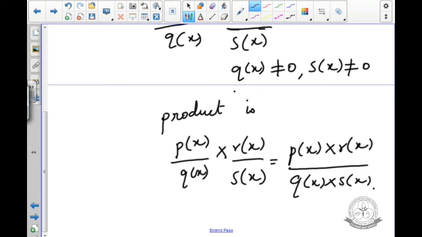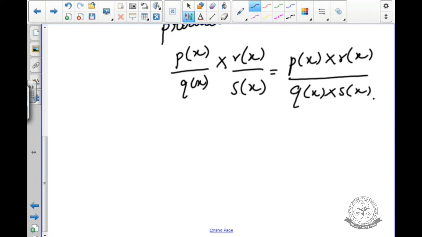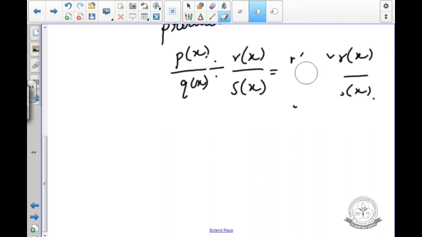So, if the resultant expression is not in its lowest form, then reduce it to its lowest form. The division of rational expressions is also the same thing. Instead of multiplication, here we write division. So the resulting expression will also change.